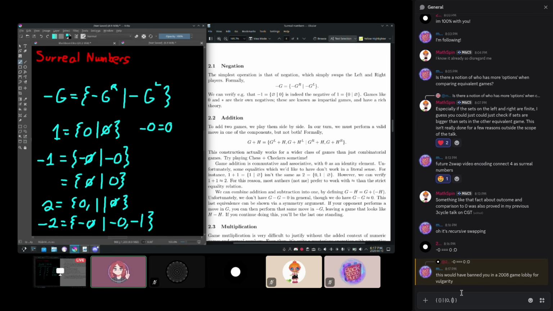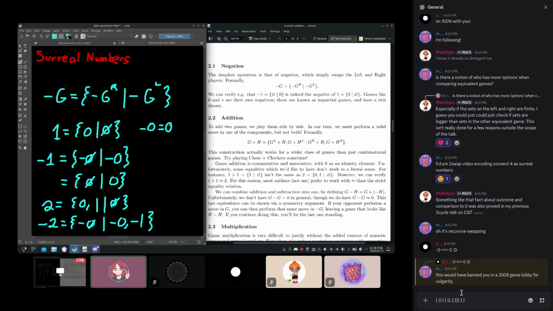But we can see that we have a negative of 1 instead of just 1. So it's not literally just swapping the left and right sets. The idea is that we're not just swapping the players for the very first turn, we're also swapping the players for every turn that goes after that. That's why we have to recursively negate things.